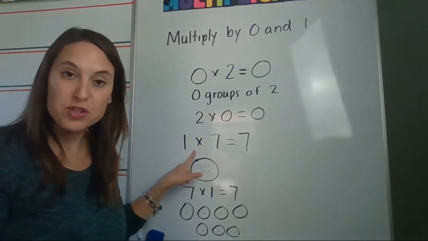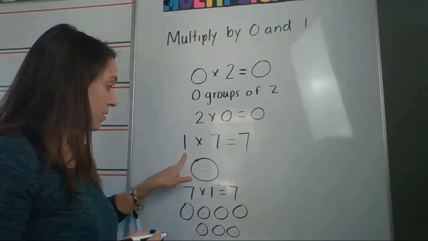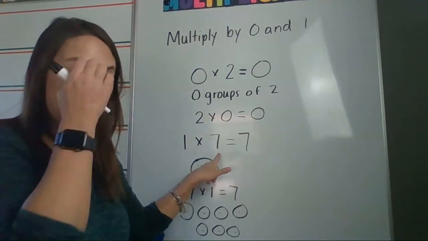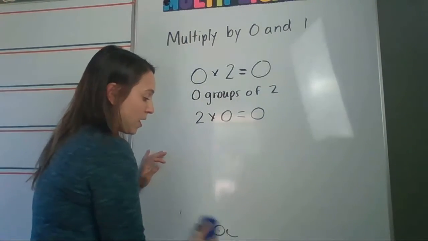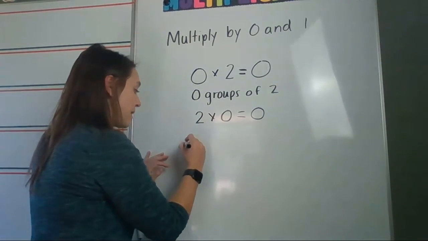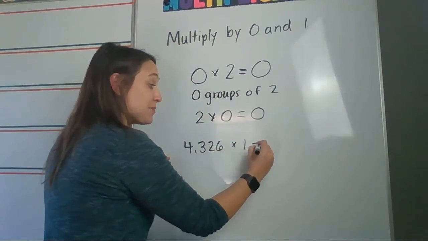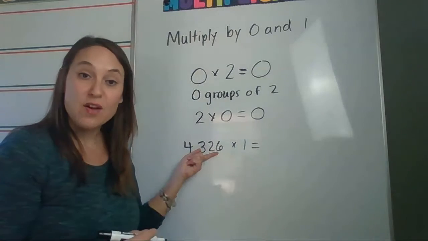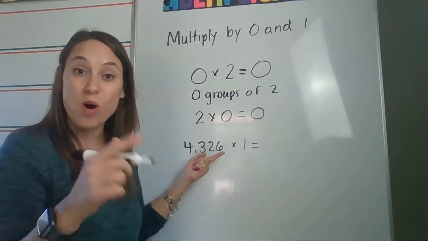Whenever you multiply any number by 1, the answer is always going to be that opposite number, okay? So even if we had a really big problem of 4,326 times 1, I'm just making a random one up, we have, in this case, 4,326 groups with 1 in each.